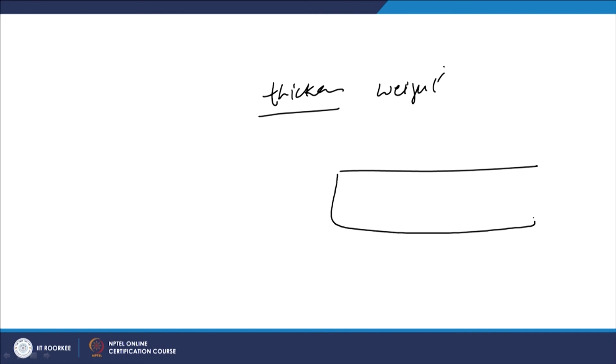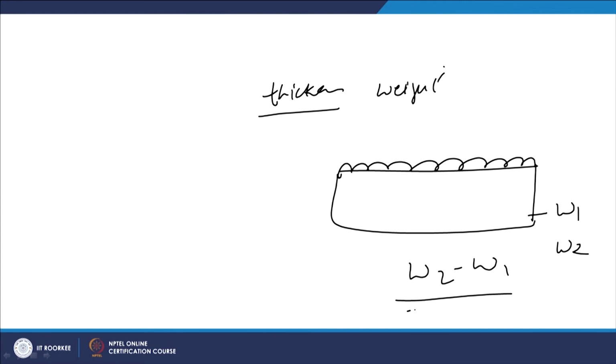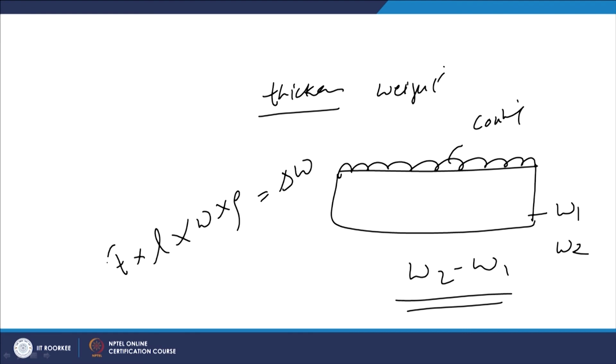In this case, the initial weight of the component whose surface is to be modified is taken first, and then after the modification we again take the weight of the component, and the difference of these two indicates the amount of material which has been deposited in the form of coating. So, if we have the length of the coating, the width of the coating, the density of the material, and the change in weight, then the dimension left is the average thickness.